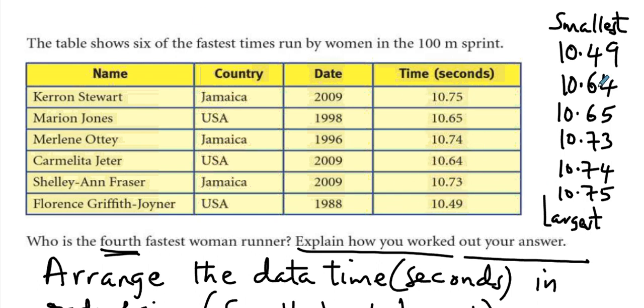Let me check. 10.49, 10.49, yes. 10.64, 10.65, yes. 10.73, 10.74, yes, so we are correct. Every data is captured. 1, 2, 3, 4, 5, 6. Every single data is captured. So the smallest all the way to the largest.